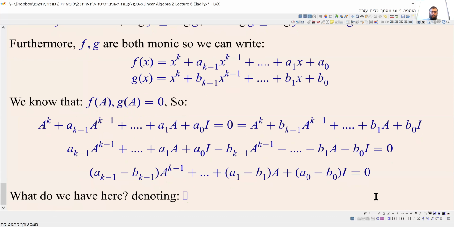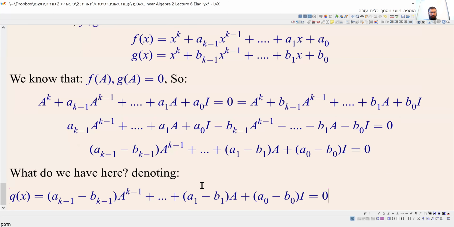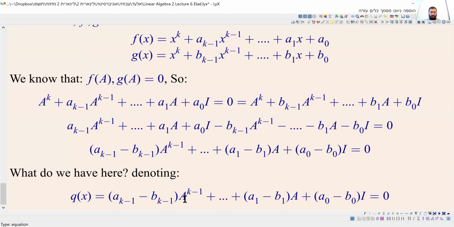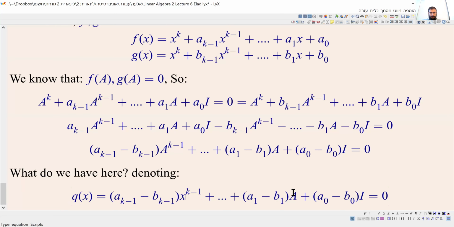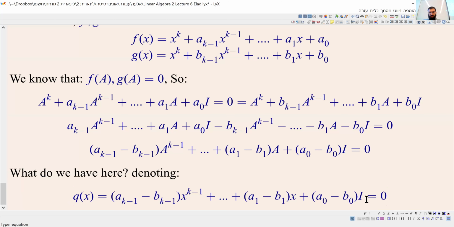Let's denote the polynomial of the matrix we have here Q(x).